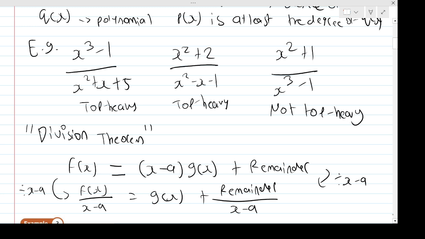And so what the division theorem says is that we can write any polynomial in this way, okay? And we will be seeing that because this is essentially how polynomial division works. As we go through the examples, I'm not going to talk too much more into that. You'll see clearly what this all means. But I'm going to leave it there for now.